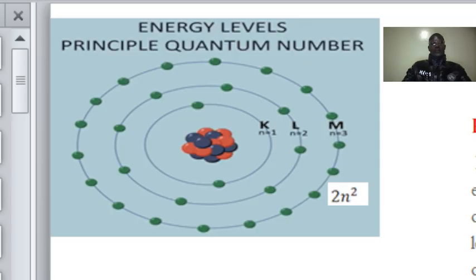Now, from the knowledge of Bohr, he postulated that electrons exist in some set of orbitals called energy levels.